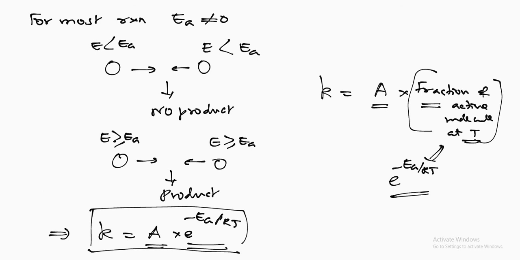Right? Now, so this is the Arrhenius equation. Suppose a chemical reaction doesn't give a straight line in the plot of ln K versus 1 by T. In the plot of ln K versus 1 by T, I have a chemical reaction which gives a curve like this instead of a straight line.